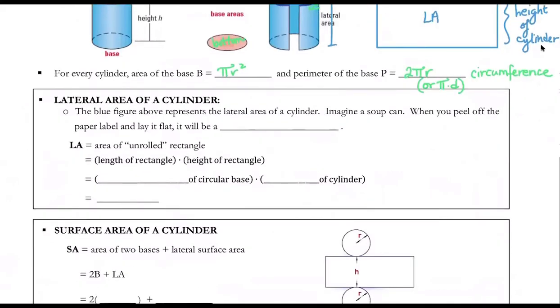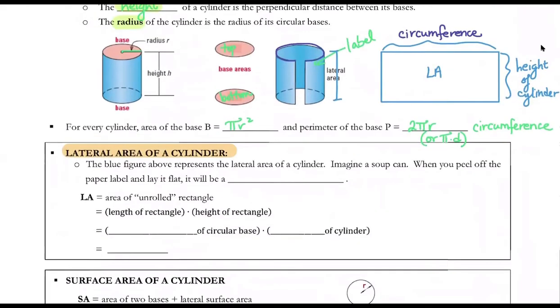Okay, lateral area of a cylinder. So in that picture up there, the blue rectangle represents the lateral area. So when you unroll it, again, that's what I'm showing you up there on the right side here.